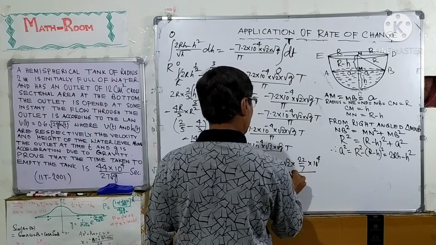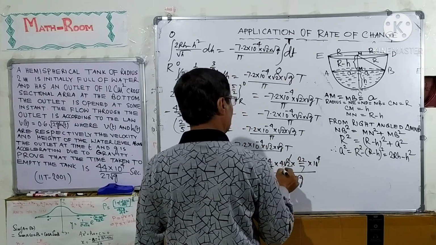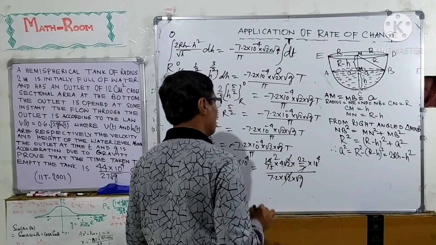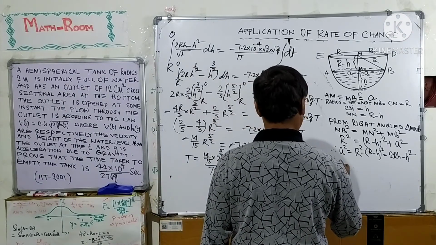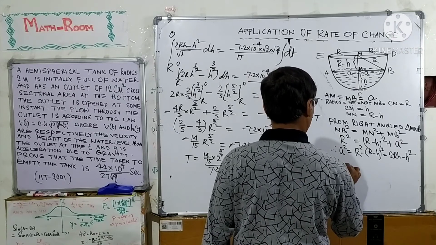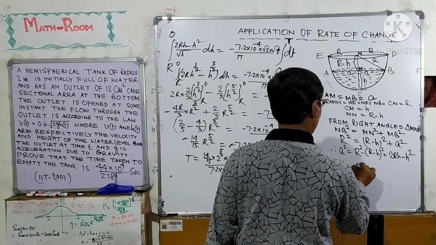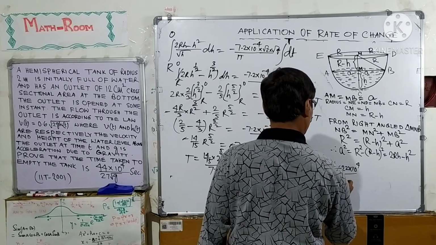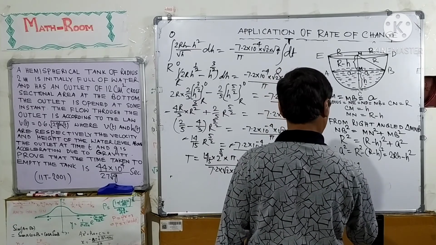Root 2 is cancelled out, and this is 2 into 4 into 22 into 10 to the power 4 over 15 into 7.2 into root g.